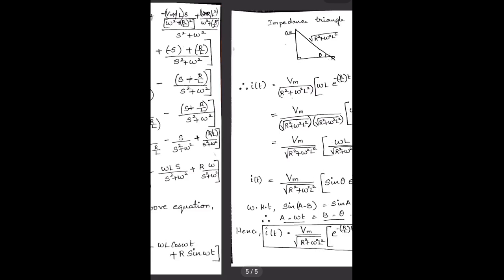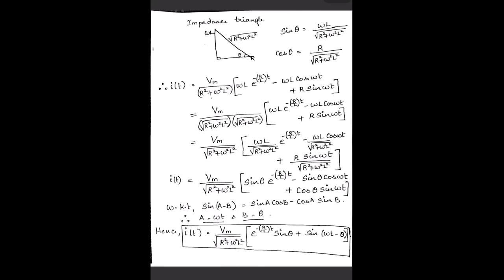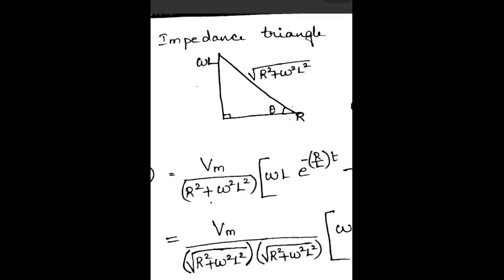Then after this, let us construct an impedance triangle. Impedance triangle is constructed based upon resistance, inductive reactance and impedance.